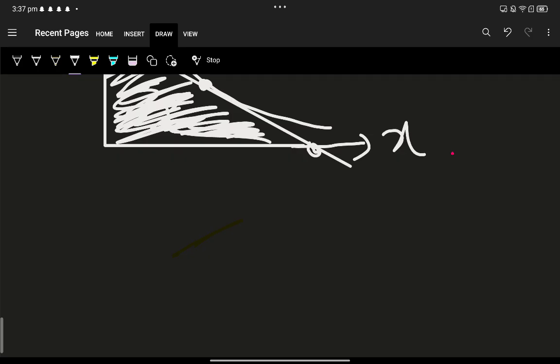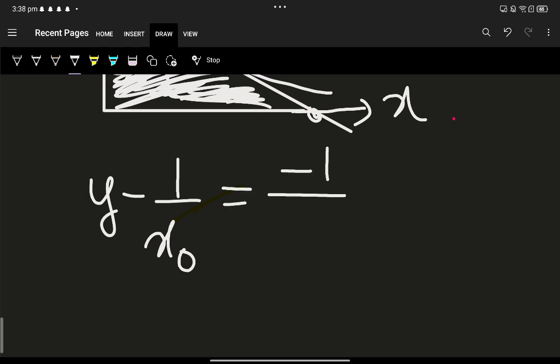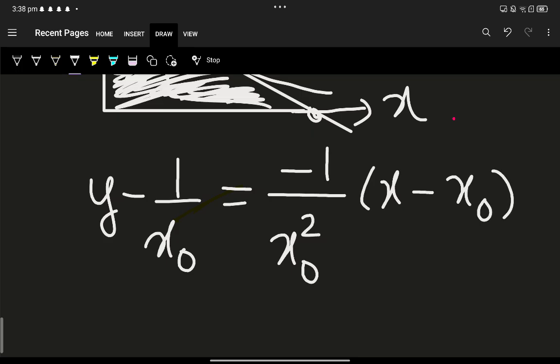And we all know the equation of the tangent line: y minus 1 upon x naught is equal to minus 1 upon x naught squared into x minus x naught. This is the equation of the tangent line.